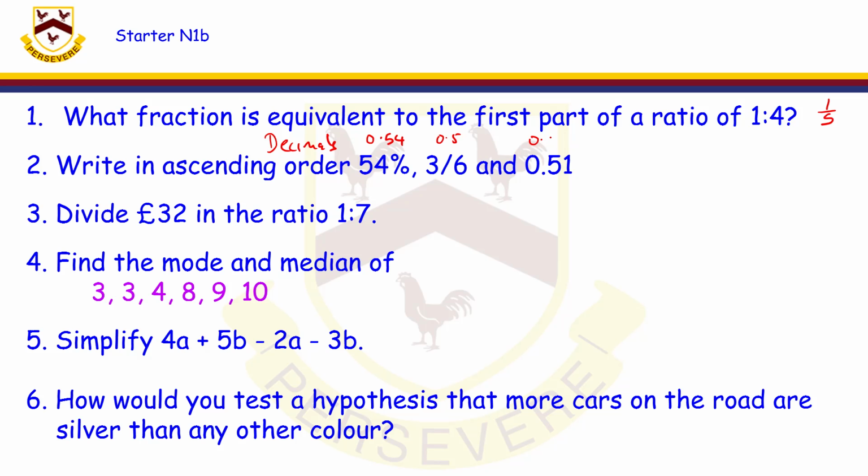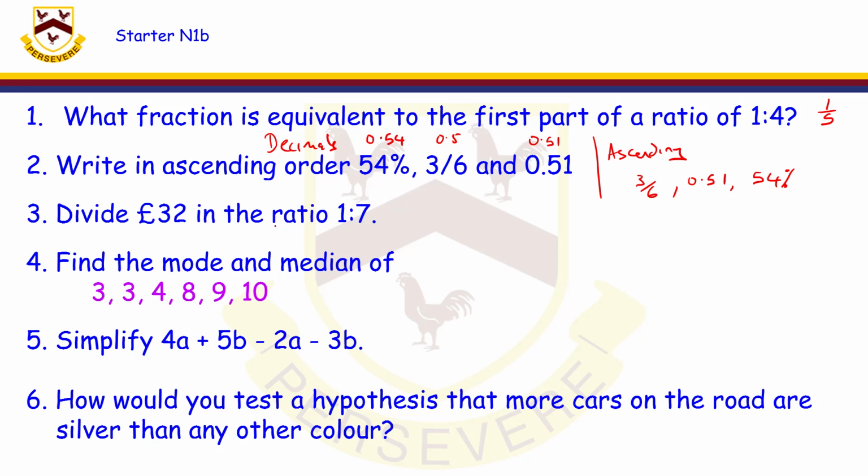And 0.51 is just 0.51 as decimal. So smallest to largest. Ascending, we have the smallest is 3 out of 6. Next smallest is 0.51, and the biggest then is going to be 54%.